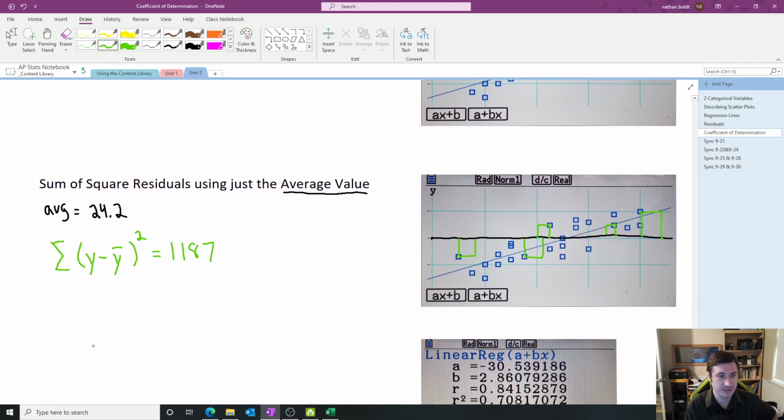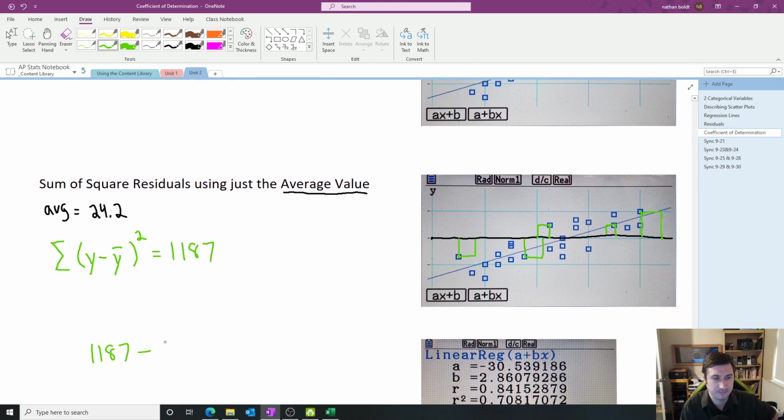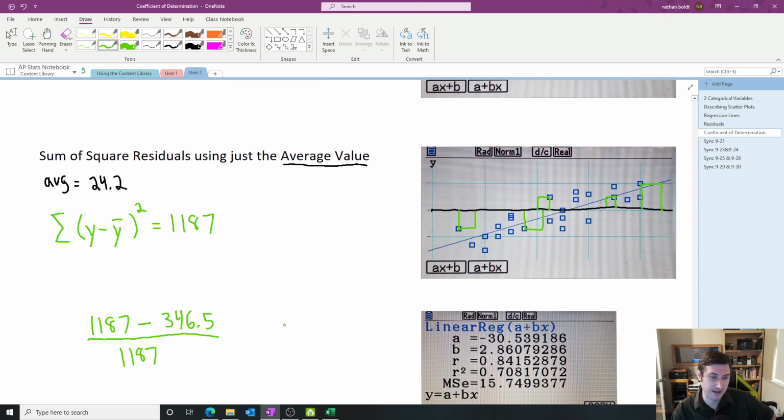So what we do is we take the 1187 minus the 346.5, and then we turn it into a percent by dividing by 1,187, the total. So what percent decrease did we have? All right, we went from 1,187 and we went down to 346. How big of a decrease was that in variability? How much better is our regression line than our average value?